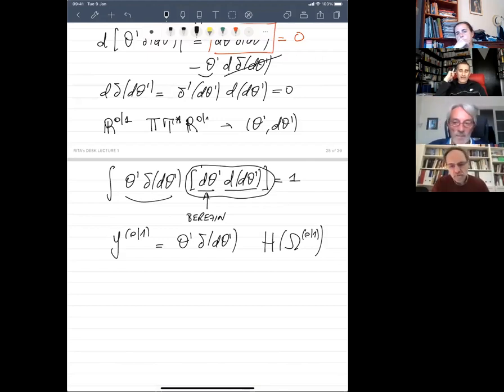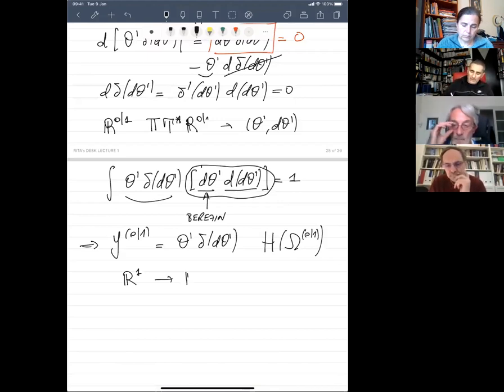Okay. So let me give you another interpretation of this object. Suppose that I have a submanifold R^1, just a line, and I want to embed this submanifold into a supermanifold R^{1|1}.